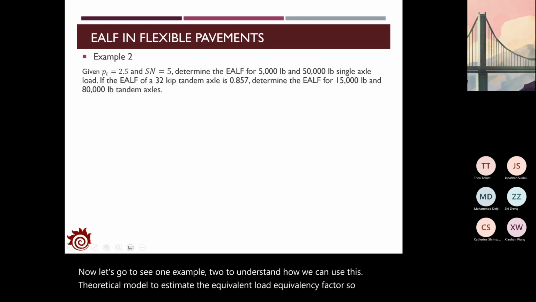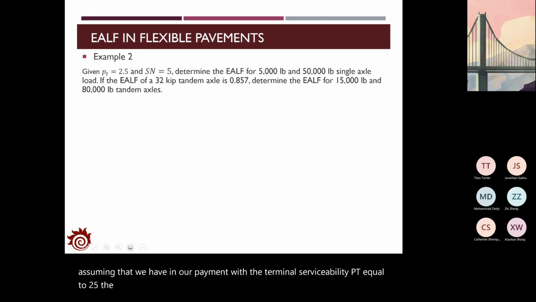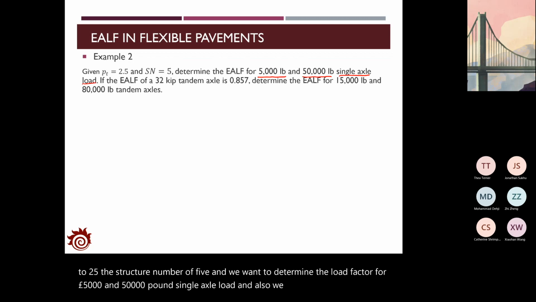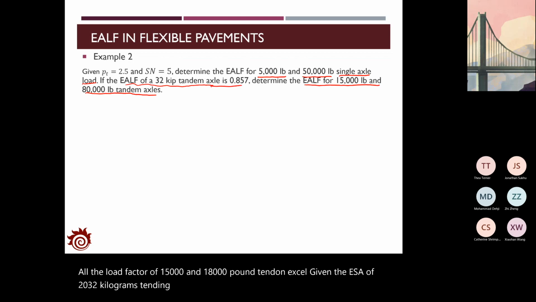Assume we have a pavement with terminal serviceability PT equal to 2.5 and a structure number of 5, and we want to determine the load factor for 5,000 pound and 50,000 pound single axle loads. We also want to identify the load factor of 15,000 and 80,000 pound tandem axles, given the ESAL of a 32 kilopound tandem axle as 0.857.